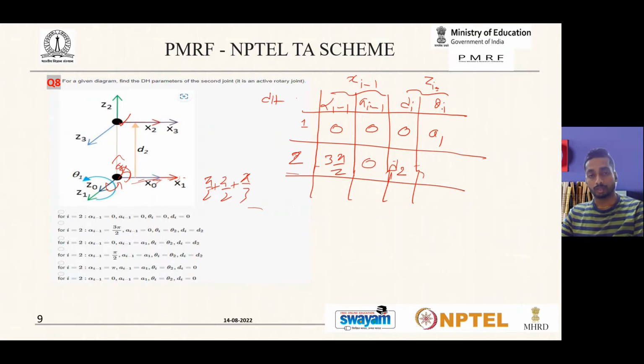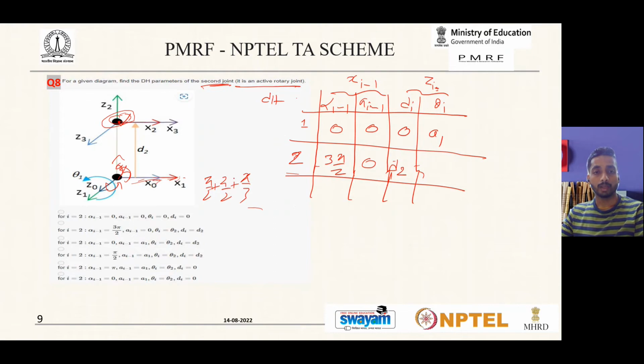Now this is theta. What will be the theta here for Z2? As you can see in the question, it is written that it is an active rotary joint. So this is a rotary joint, and it will move around Z. This X2 will keep on changing along this Z2.